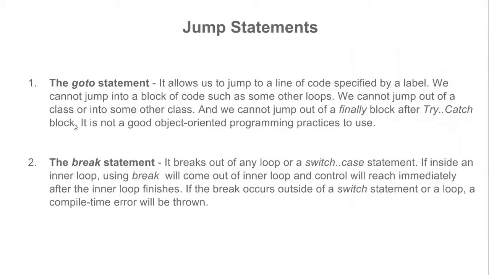If I have a try, catch and finally, and in the try, after some statement executes, I write goto to a label outside the finally block, it's not that it will skip the finally block; the finally block will always be executed. We'll see more of try and catch, that is exception handling, in a later video session. For now, just remember that the finally will always be executed irrespective of goto. So goto will be executed, but first finally will be executed, then goto.